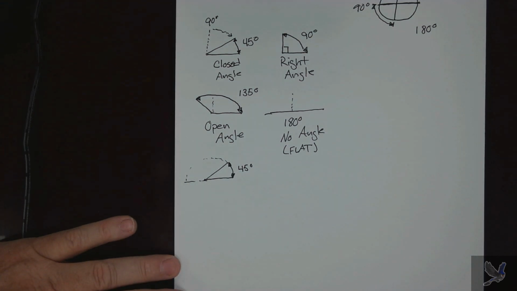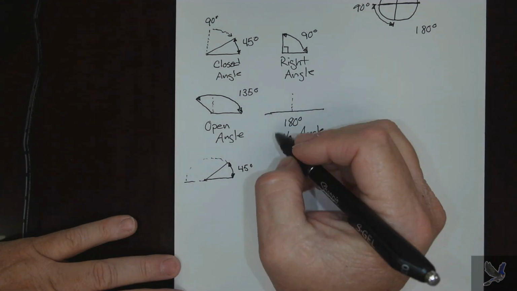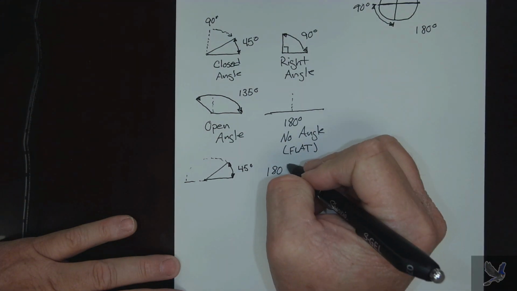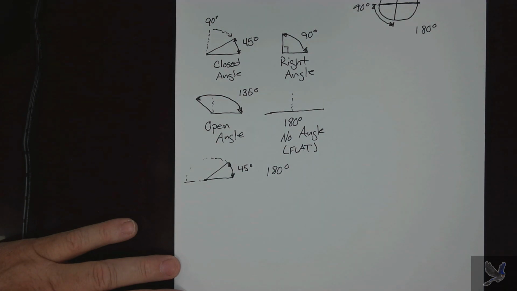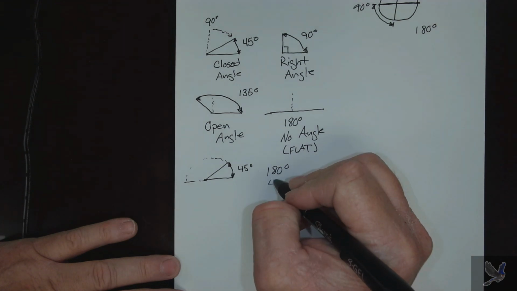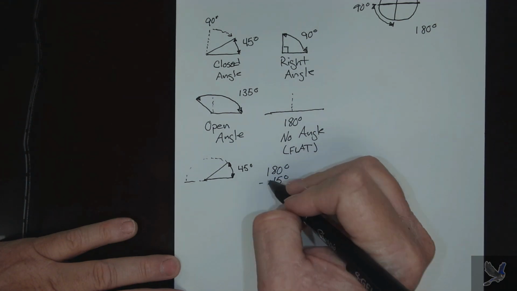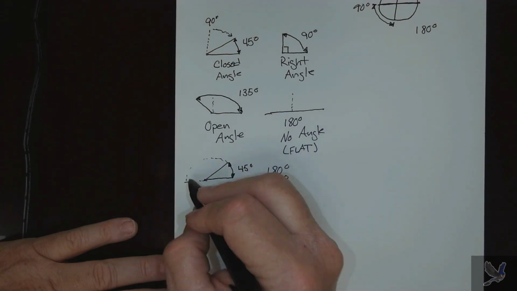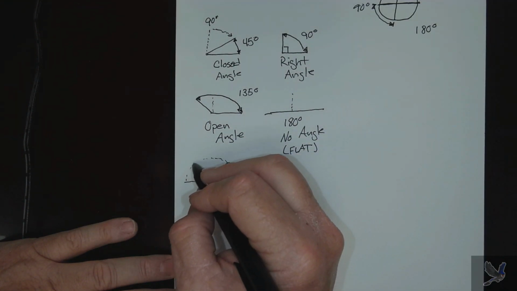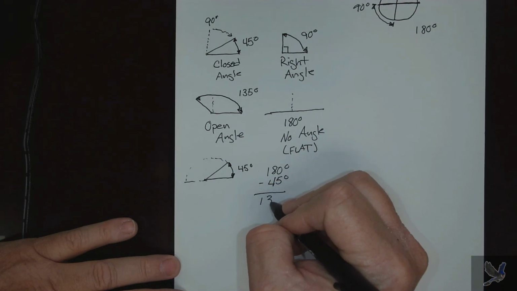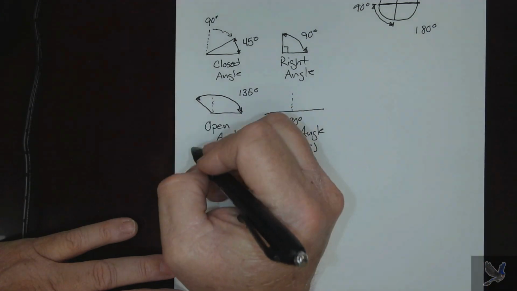to arrive at 45? Well, there's an easy way to handle that. We know that a flat line is 180 degrees. That's a constant. So if we subtract our closed angle of 45 degrees from 180 degrees, the remainder is how many we bent through in degrees, which works out to be 135 degrees.